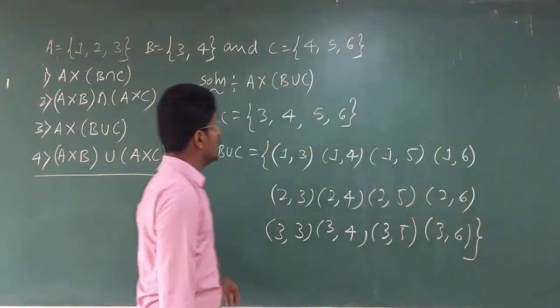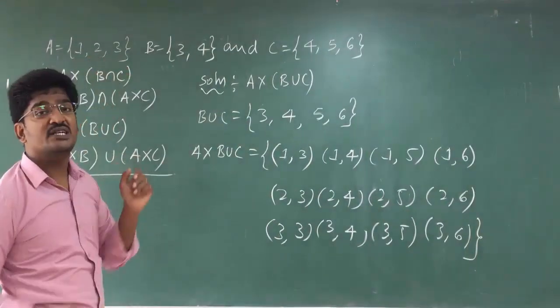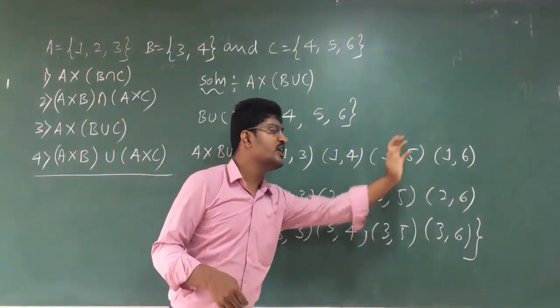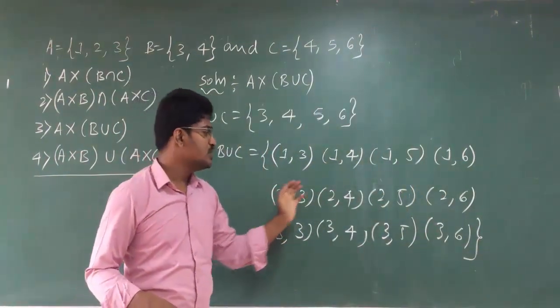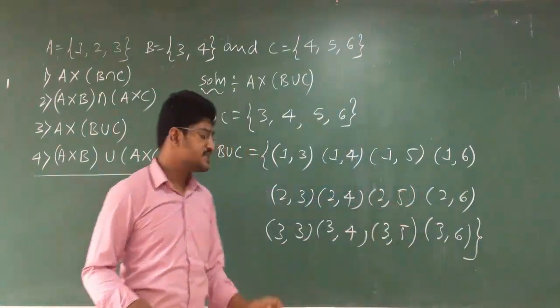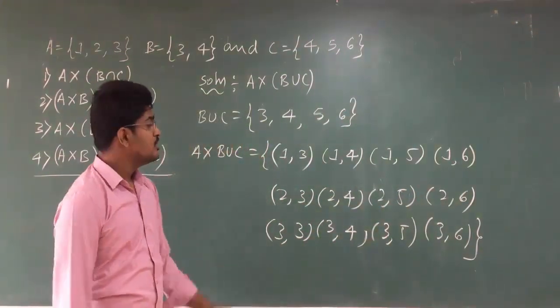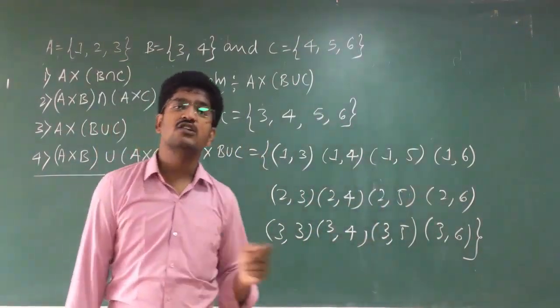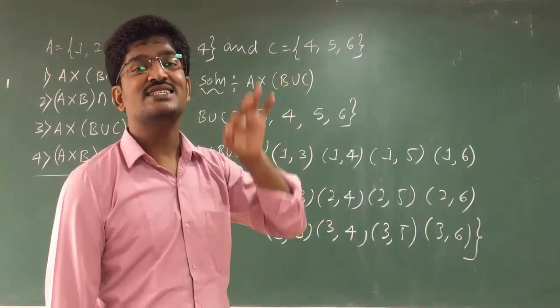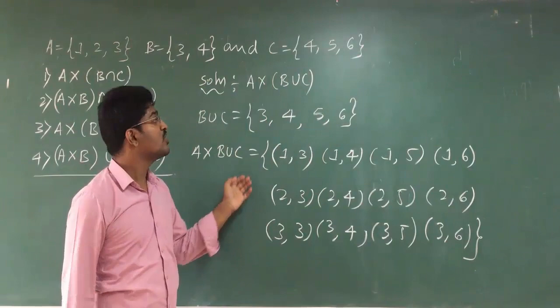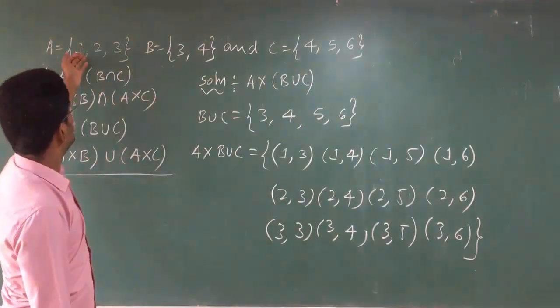So here the story of all 3 elements is over. Clear? So 1,3, 1,4, 1,5, 1,6, 2,3, 2,4, 2,5, 2,6, 3,3, 3,4, 3,5, 3,6. Clear? So this is your A cross B union C. Check here, you are going to get 12 elements because here you have 4, here you have 3.